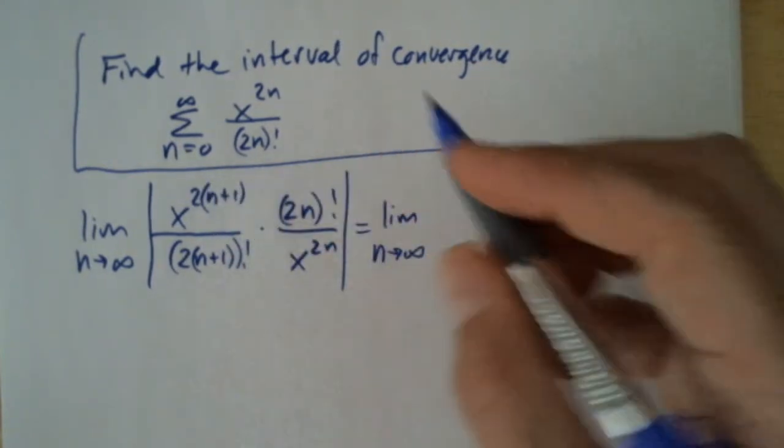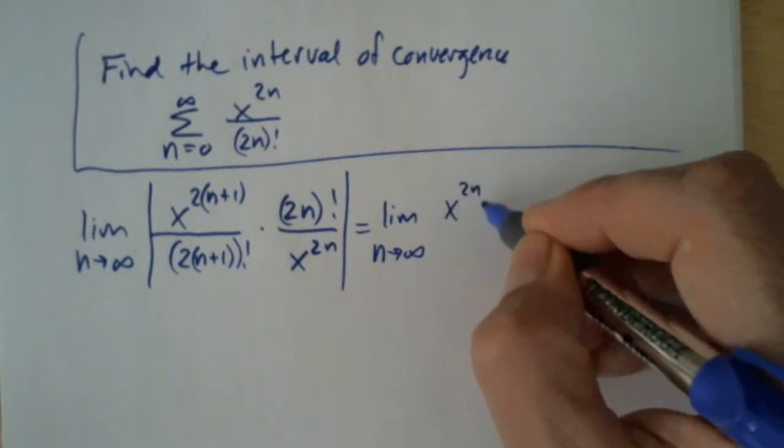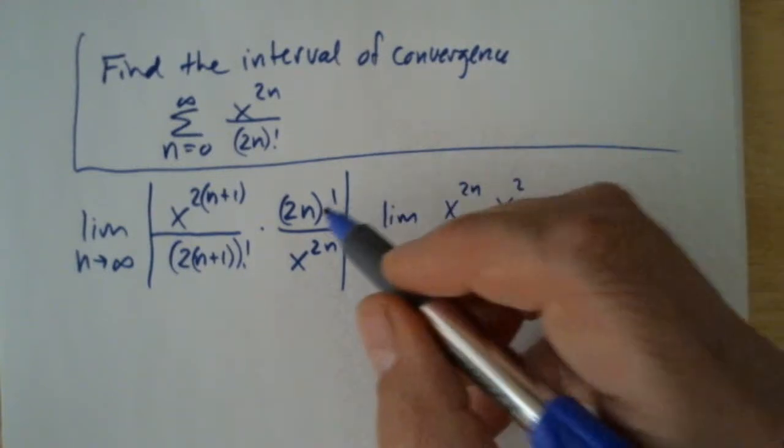We'd have 2n plus 2, so we could write it as x to the 2n times x squared.